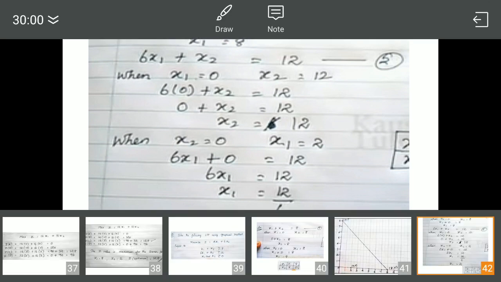The equation form is 6x1 plus x2 is equal to 12, and I have marked this as equation number 2. Now again, this is the equation of a line and I need to plot that line on the graph. For that I need to find the set of points for x1 and x2. And how will I be finding?